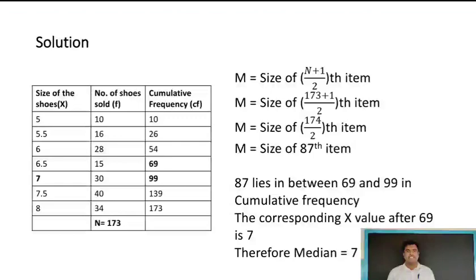So the 87th item is between these two cumulative frequencies. The corresponding x value, the next x value after 69 up to 99, that is 7, is considered as median.